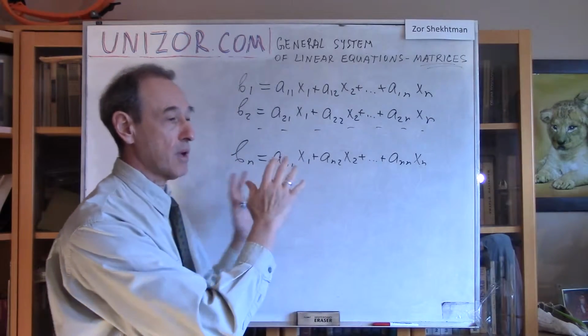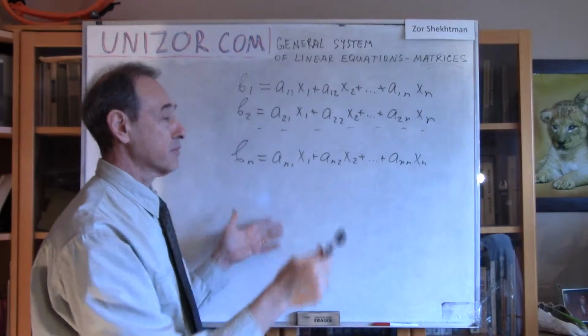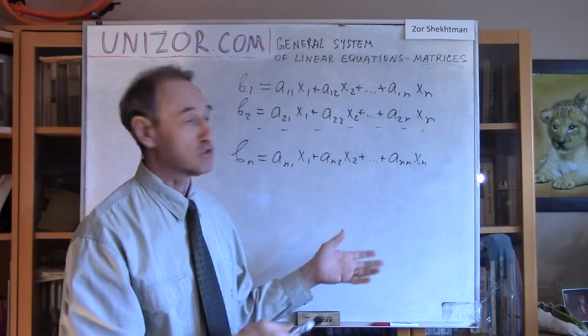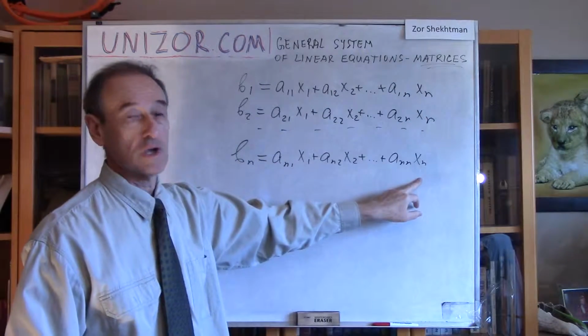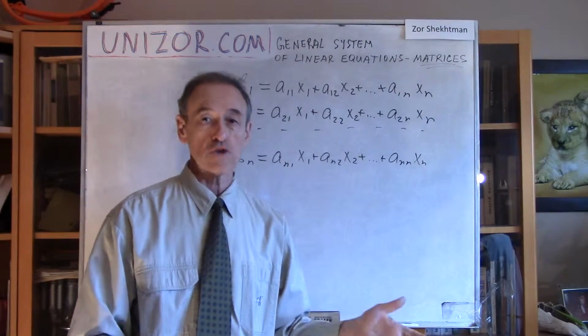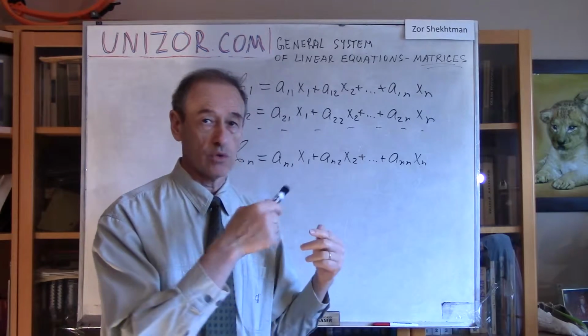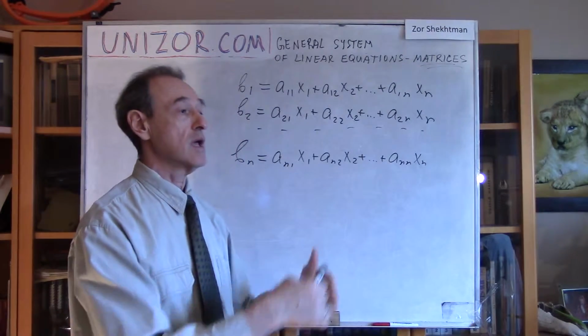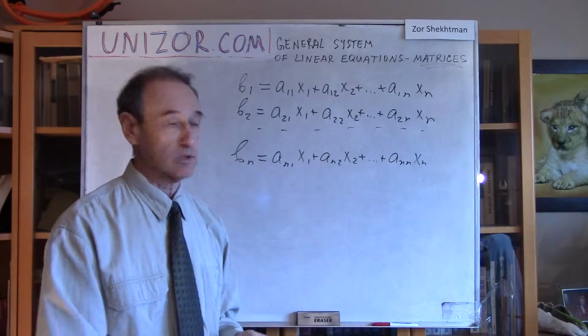Okay, so we have to solve this system, and we actually know a certain methodology for it. When I was talking about linear equations and systems of linear equations, we were talking about substitution, so you can solve this, for instance, for xn, and then substitute into each one of these equations, and that would reduce your system from n unknowns to n minus 1 unknowns, and then you can repeat the same thing again and again, and finally you will get the solution.